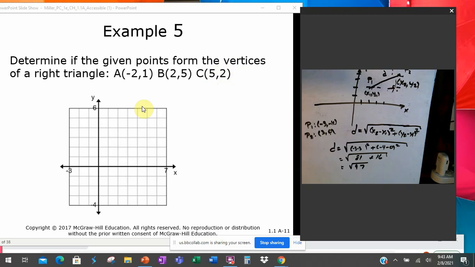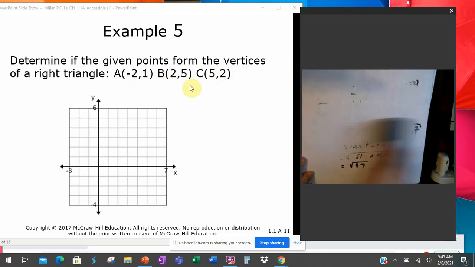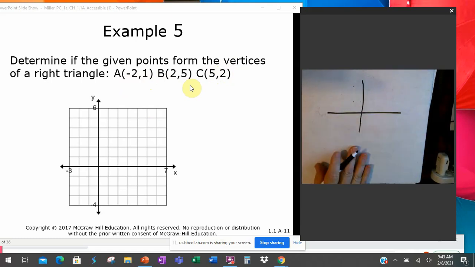So you'd calculate your distance between A and B. So basically, this is what you're doing. You just plot your 3 points. So A has -2, 1. So -1, -2. -2, 1 would be right about there.